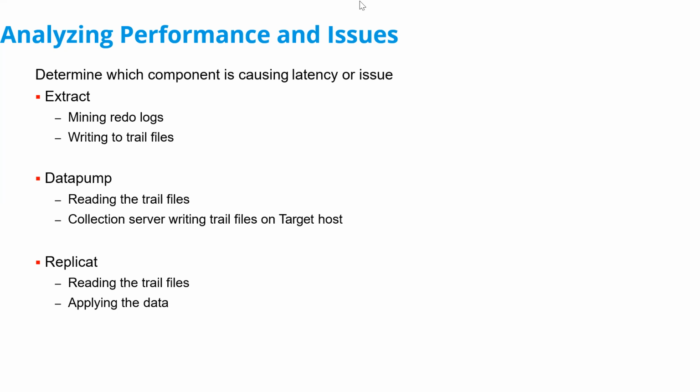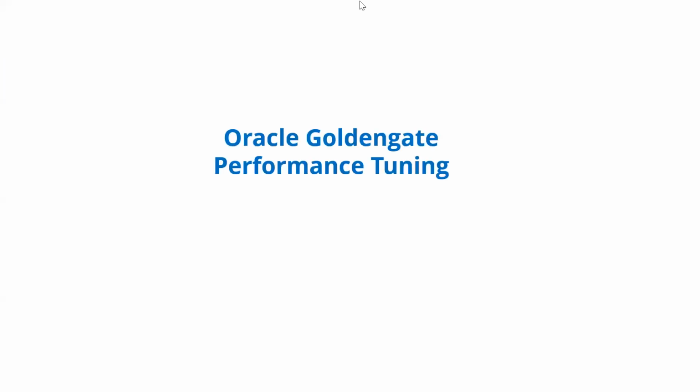It could be either it is mining the redo logs, or it could be writing to the trail file. If data pump is an issue, identify whether it is reading the local trail files or writing data to the remote trail file. And if it's the replicate, whether it's the issue of reading the trail files or applying the data. So you need to analyze this to understand why there is huge lag in your environment.